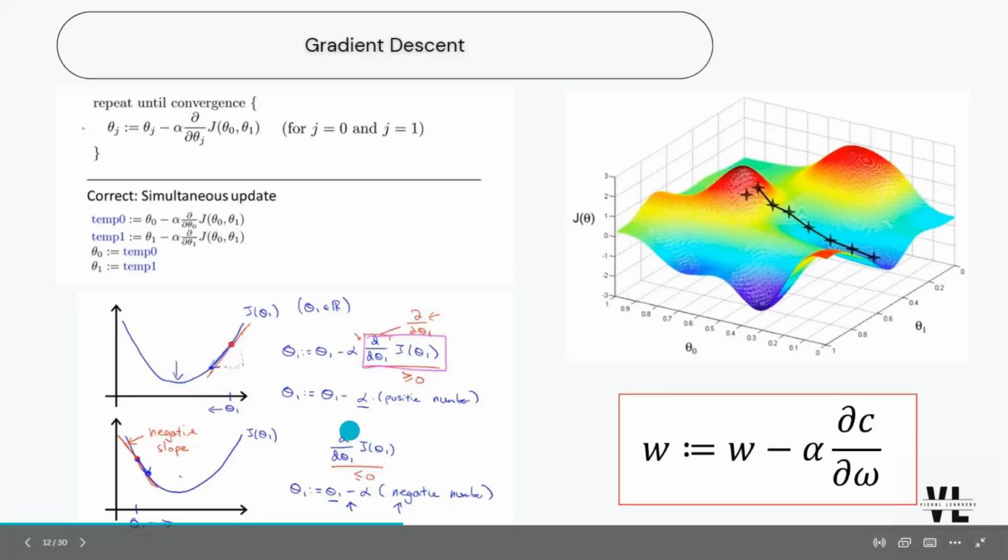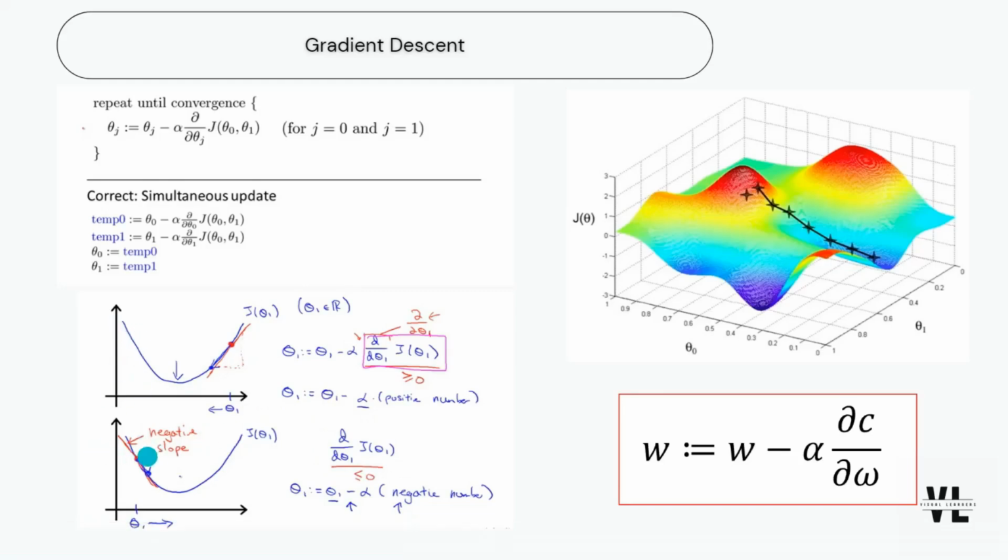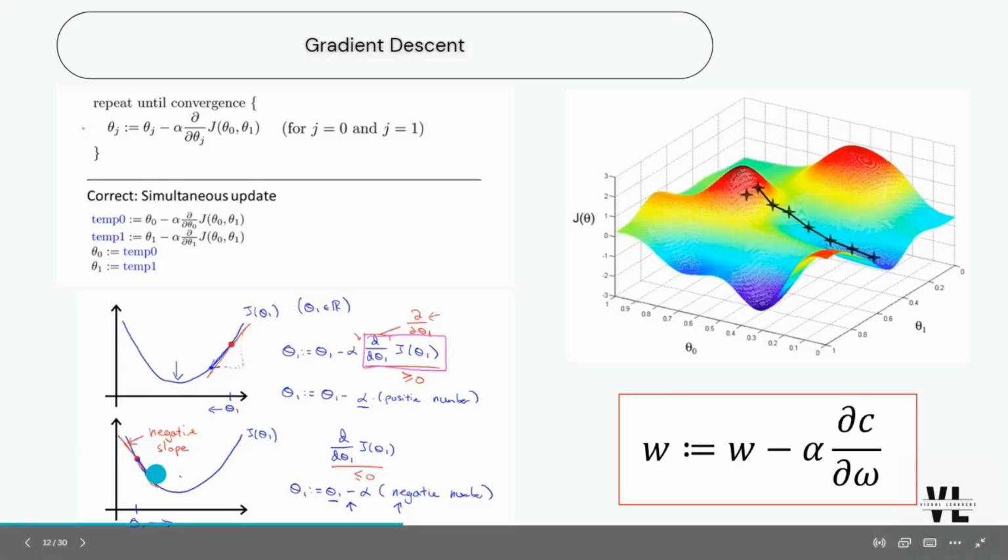And if the computed gradient is less than 0, for example, let's say that we start from this point, we can see that the computed gradient is going to have a slope which is negative, because the line is in this direction. And since we will have a negative number for the computed gradient, and when we multiply it by another negative, it's going to be positive, so it's going to move to the right direction or in the positive direction to find the minimum point.